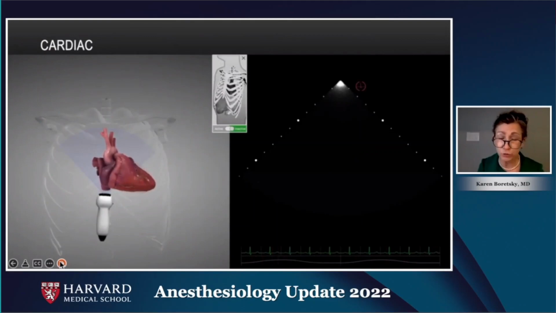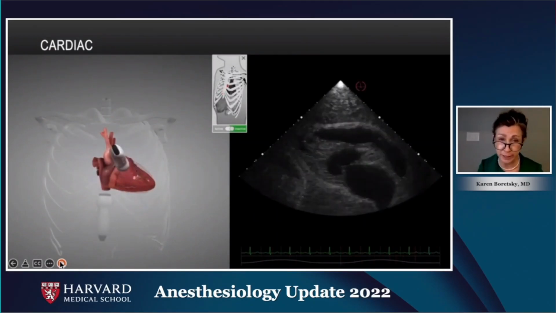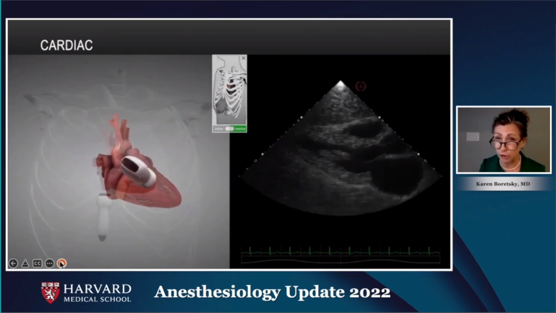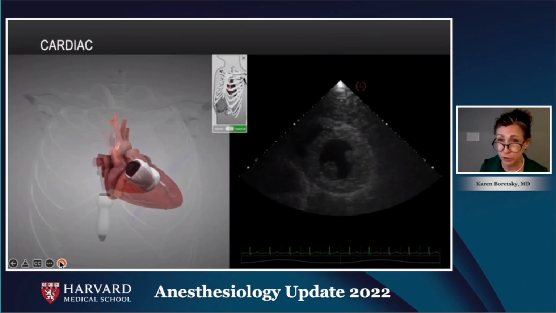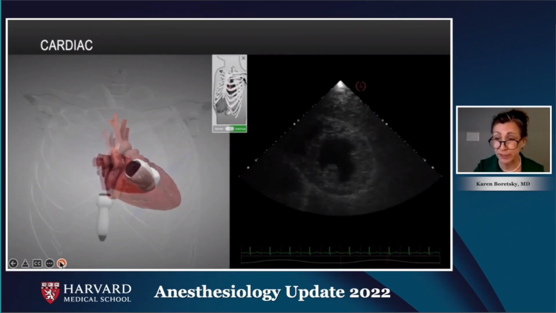With cardiac, you use the ultrasound to get images of the actual live beating heart. Here we have a parasternal long axis showing the chambers. This is the parasternal short axis showing the predominant left ventricle and the right ventricle.